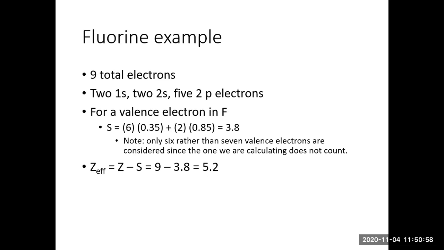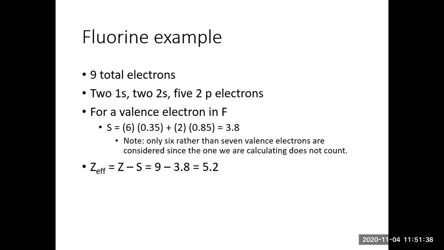So if we take fluorine as an example, there are 9 total electrons in fluorine. You have 2 1s electrons, 2 2s electrons, and 5 2p electrons. For a valence electron in fluorine, in this case, one of those 2p electrons, let's take a look at what we would get for that.